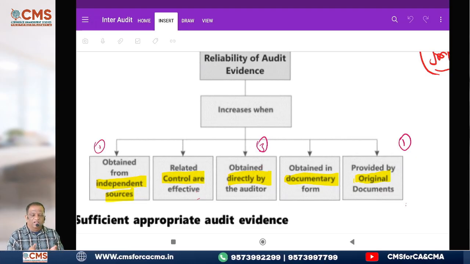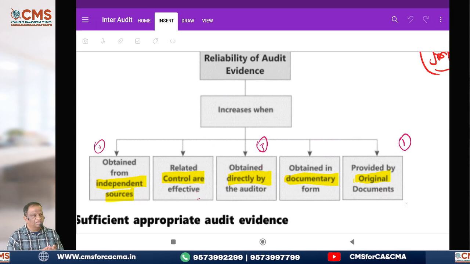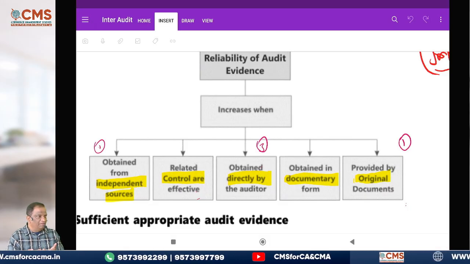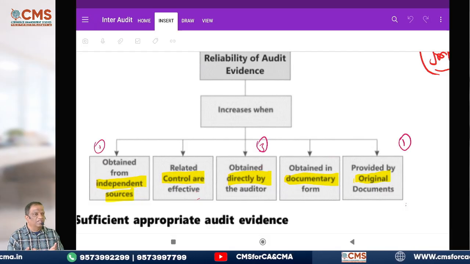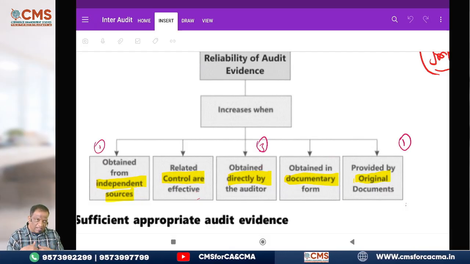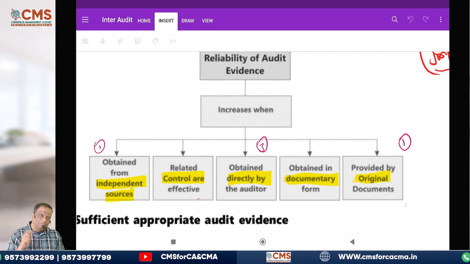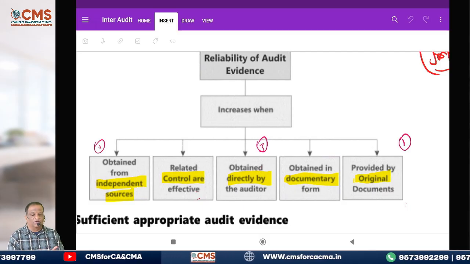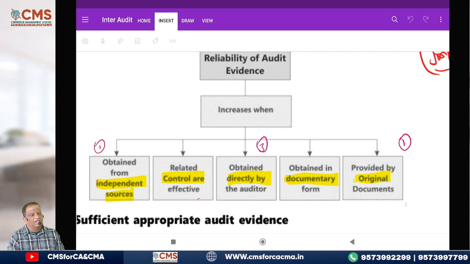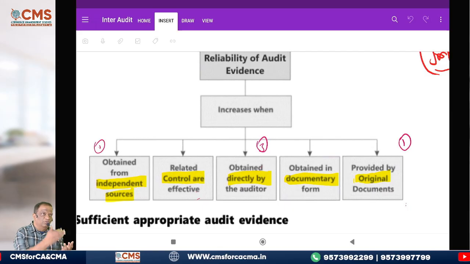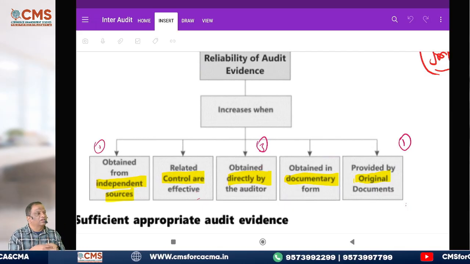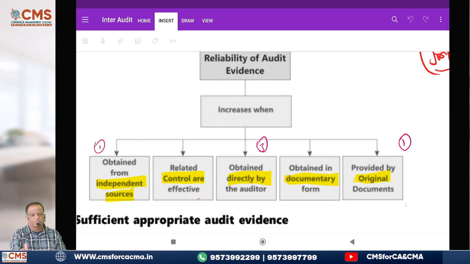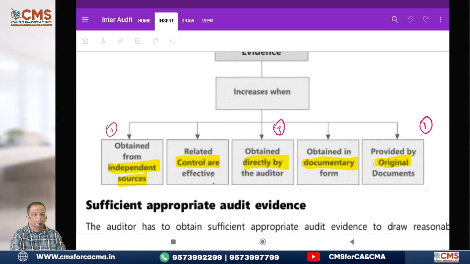It is also more reliable when obtained directly by the auditor from the third parties, rather than management collecting the evidence and forwarding it, because they may manipulate it in transmission. Management may send corrected documents. The fourth is evidence obtained in documentary form, and the fifth is evidence obtained in original documents. These are the bullet points you should remember.